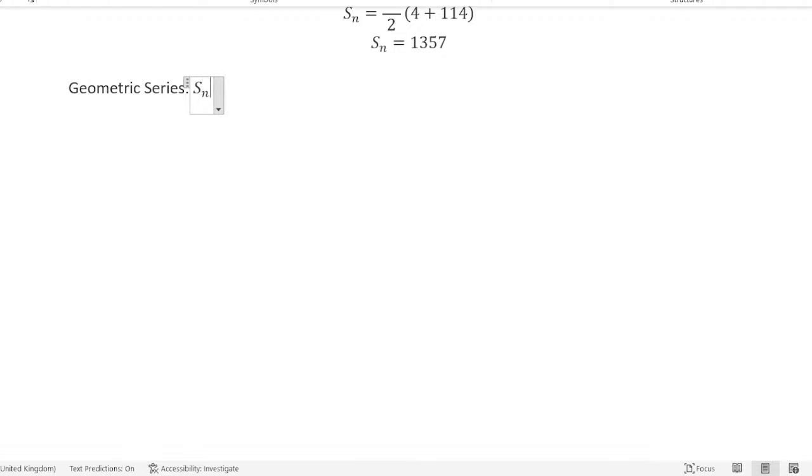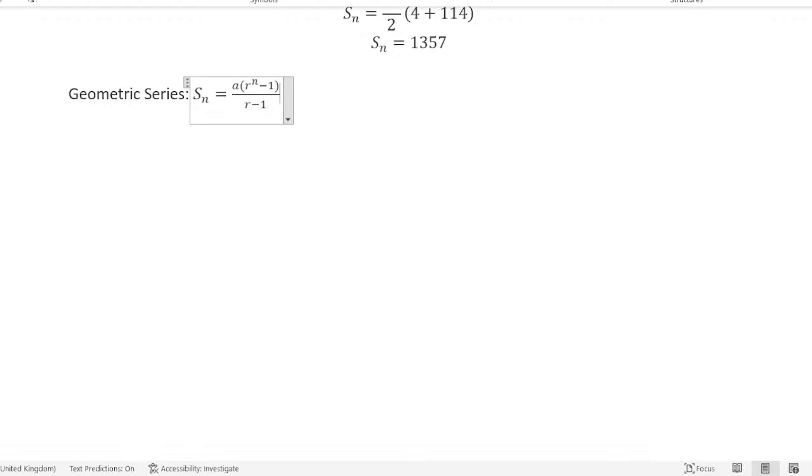Sn is equals to a into r to the power n minus 1, close brackets, over r minus 1.